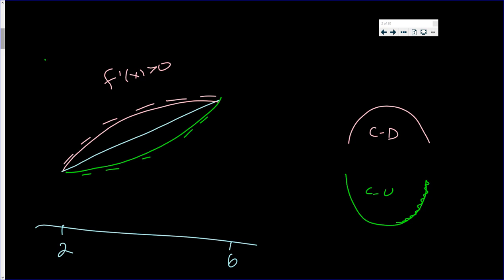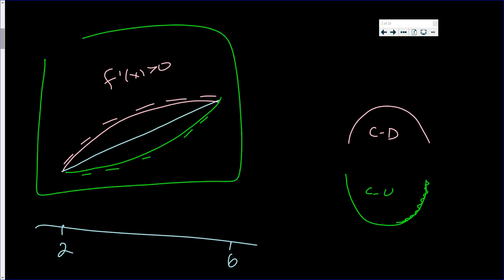Okay, so if the first derivative is positive, well, look at this. That's concave down. The second derivative can be negative, or it can go that way where the second derivative is concave up, which means the second derivative is positive. Okay, this is what's being held. And that is, the pink graph has positive slopes.